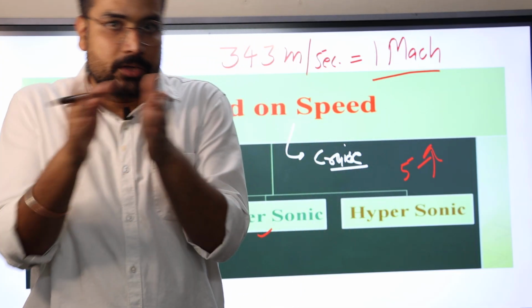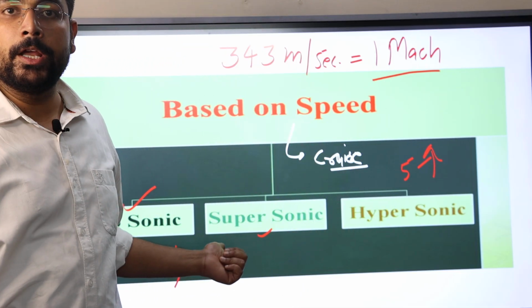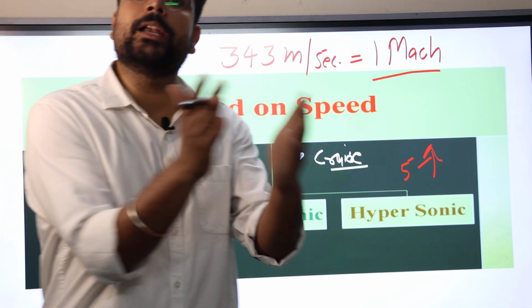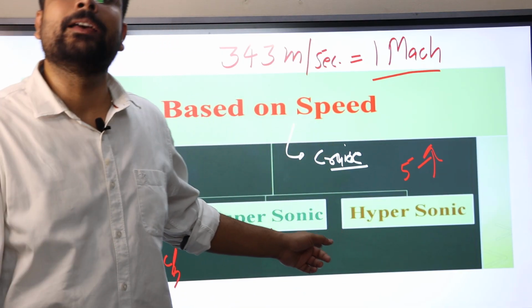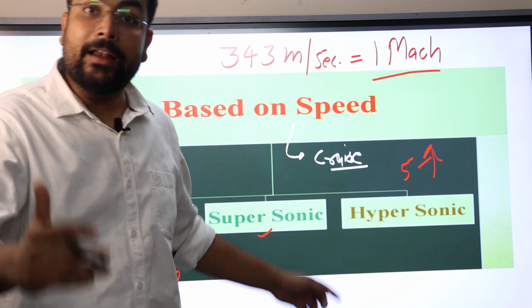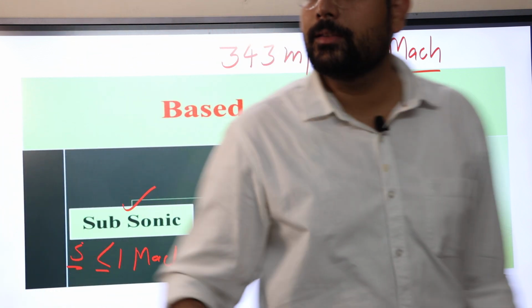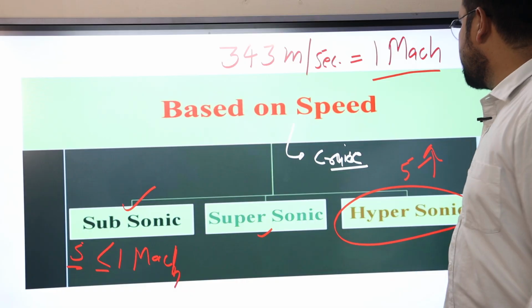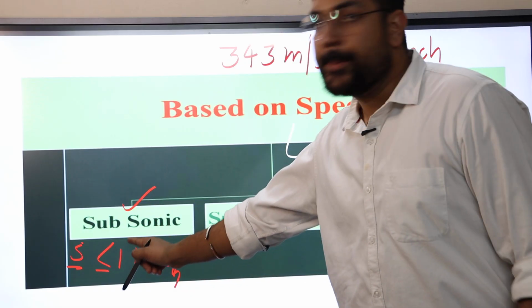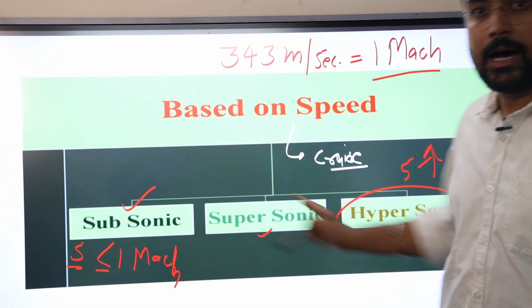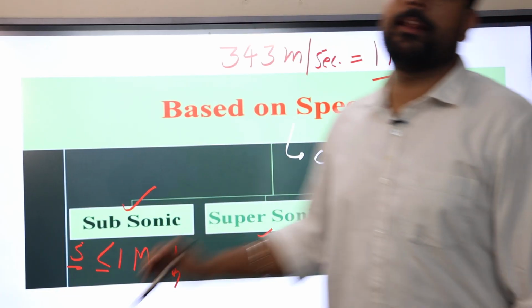If the speed is less than 1 Mach, it is called subsonic. If between 1 and 5, it is considered supersonic. And if the speed goes beyond 5 Mach, the missile is considered hypersonic. Nirbhay, BrahMos and BrahMos 2 are the examples of these 3 categories respectively.